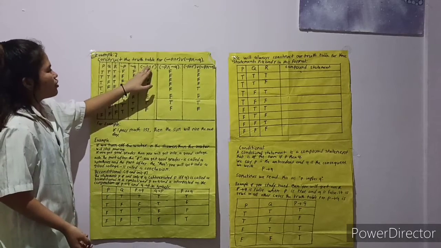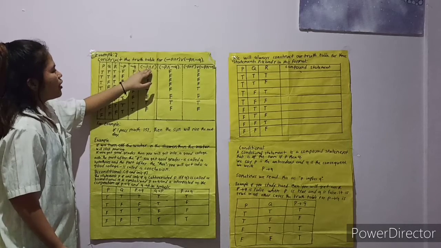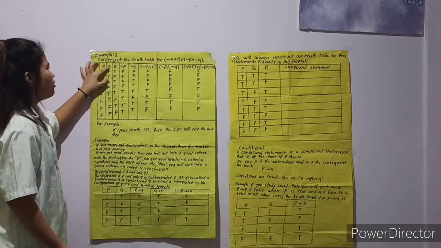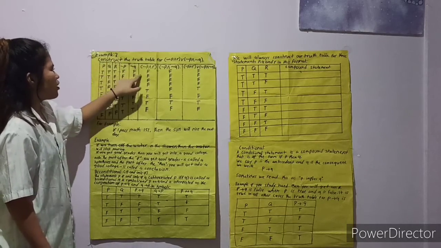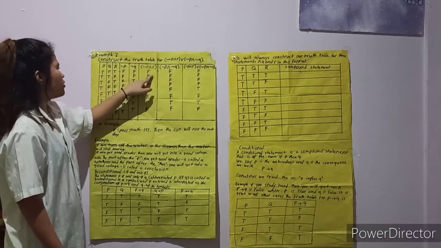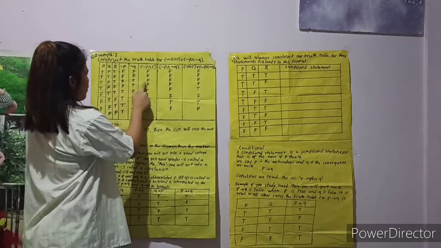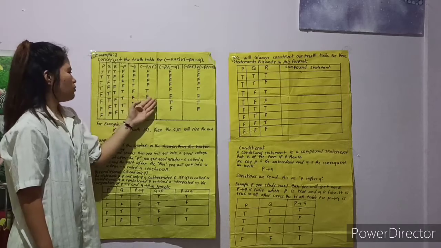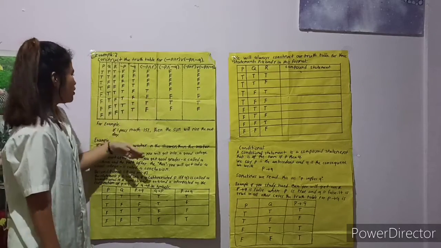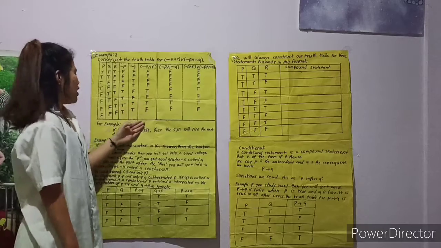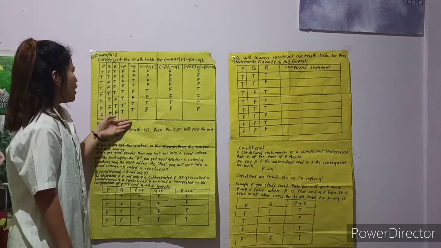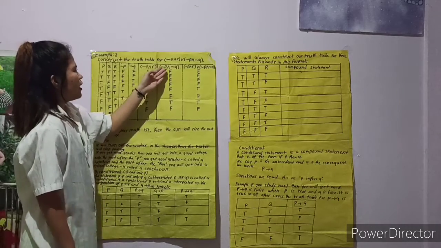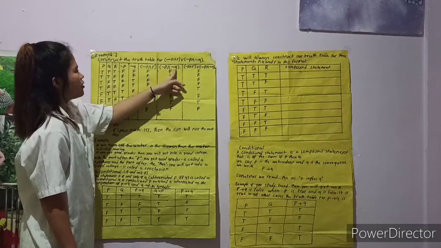Next is the negation of P and R. True and false become false, false and false become false, true and false become false, false and false become false, true and true become true, false and true become false, true and true become true, and false and true become false. Next, negate the P and negate the Q.